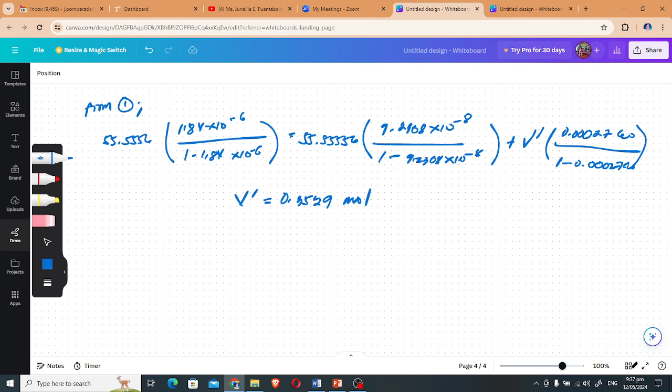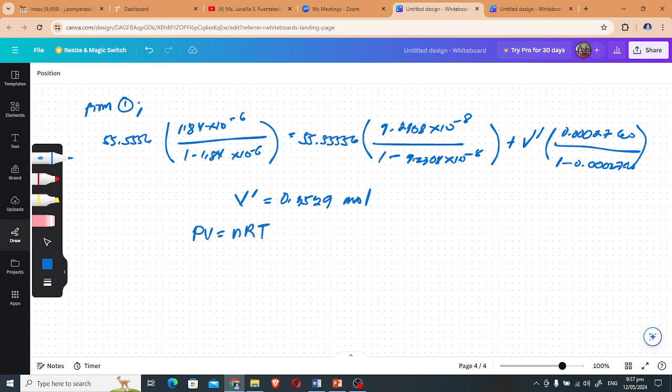And we will know the volume. Remember, this V prime is just the air that was used as a solvent for the water that needs to be stripped of benzene. So in terms of the volume, because this one is moles and what the problem is asking for the volume, we can assume ideal behavior for our air.